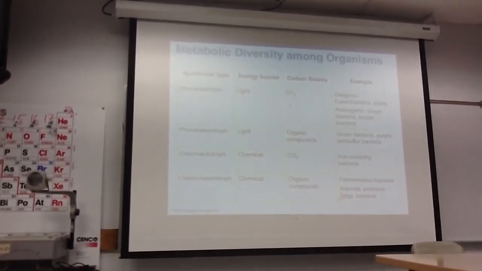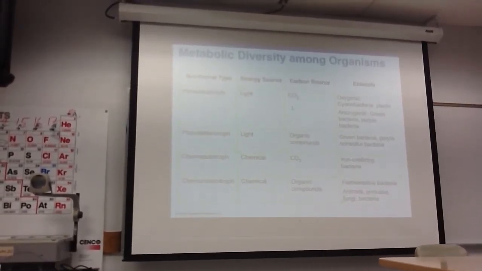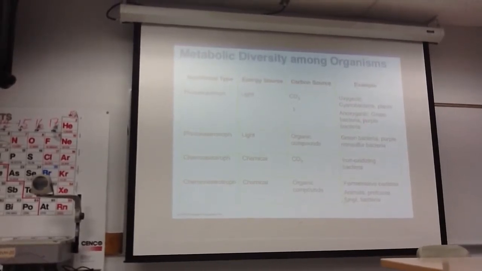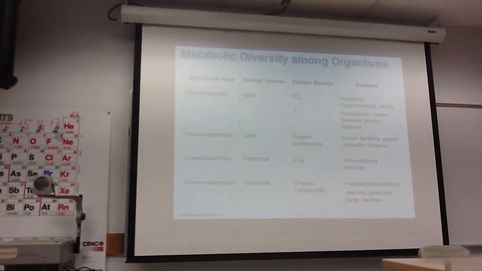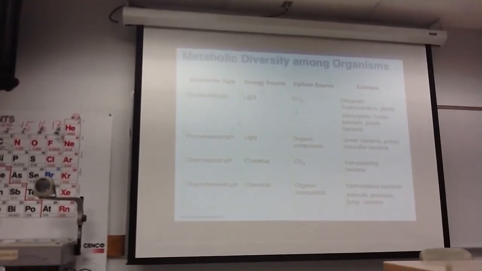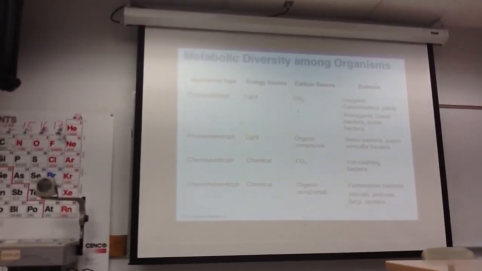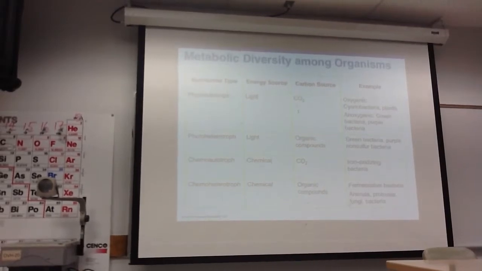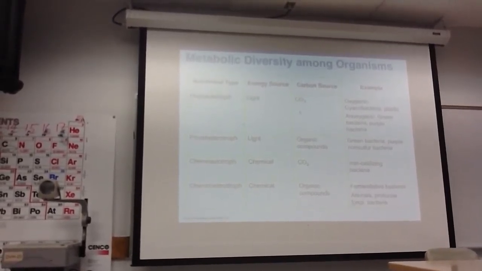If you are auto-anything, that means you don't eat something for carbon; you must make it yourself. So you take in carbon dioxide and extract the carbon. That's called carbon fixation. If you had to extract nitrogen from nitrogen gas, that would be nitrogen fixation.